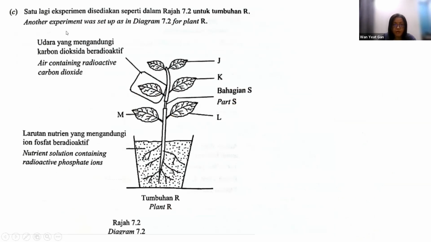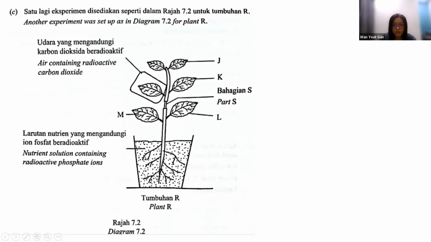Now another experiment was set up in diagram 7.2 for plant R. So you see this is plant R. One of the leaves is covered with a container that has radioactive carbon dioxide. Nutrient solution containing radioactive phosphate ion is found inside the soil here.